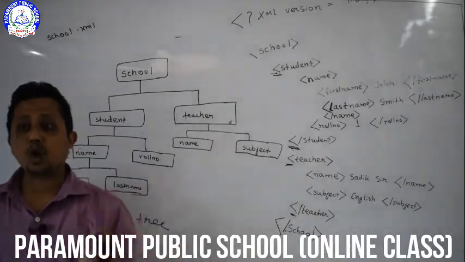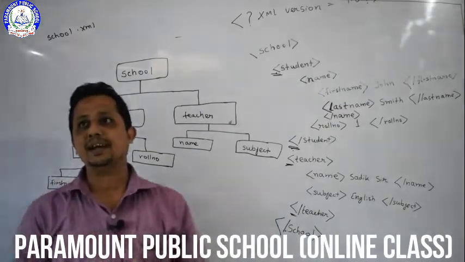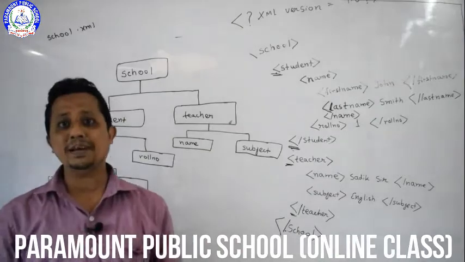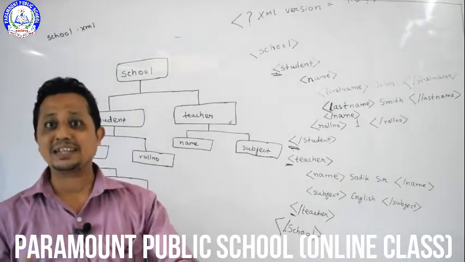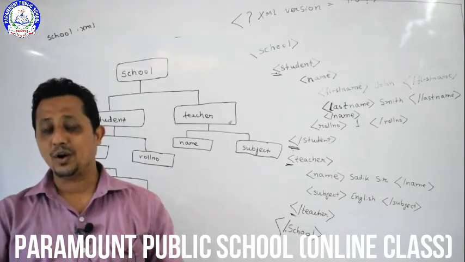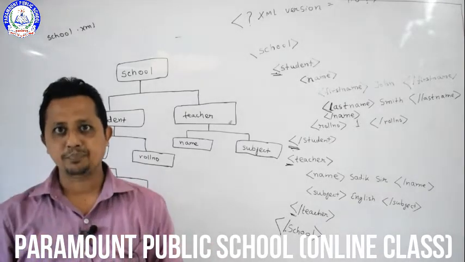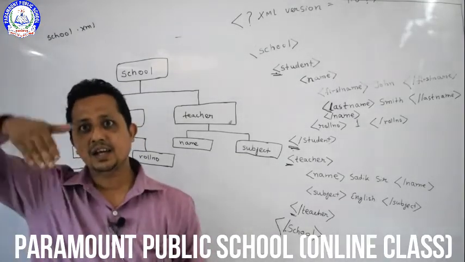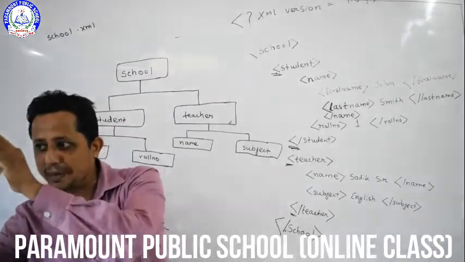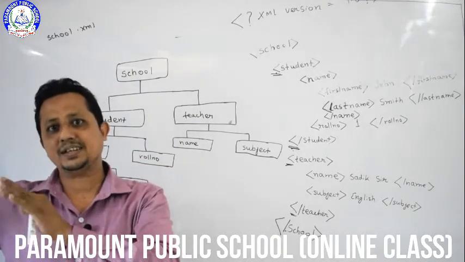Now, what do we mean by comments in XML? If you remember, in programming languages the most important thing was the code or tag which makes the program. But sometimes, to explain a particular code or tag, we may write that this is this.